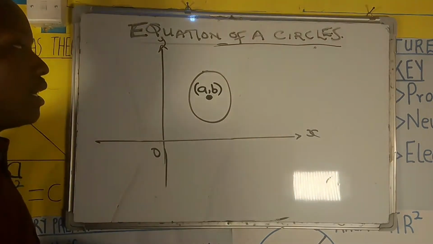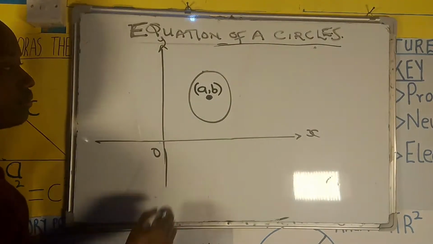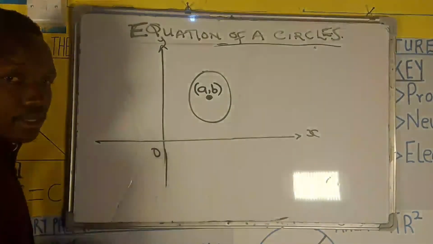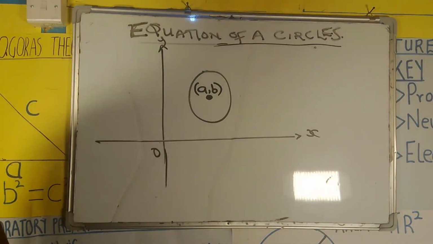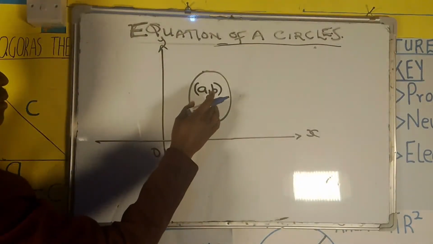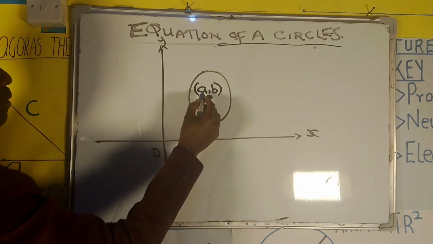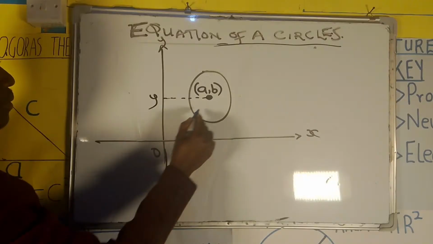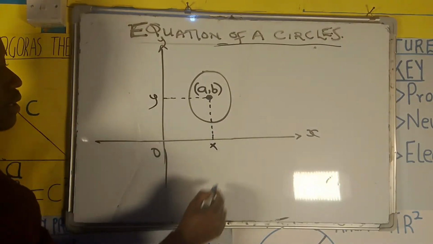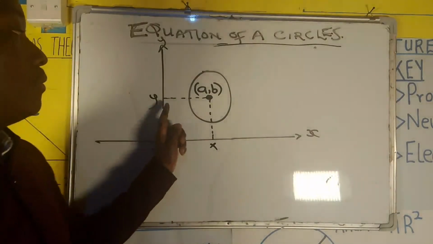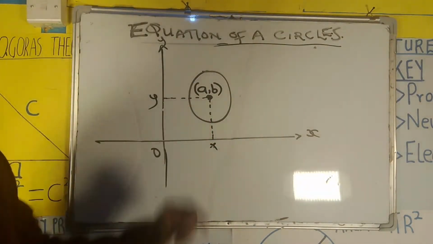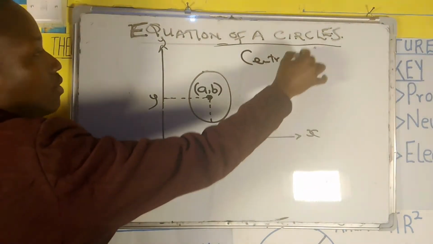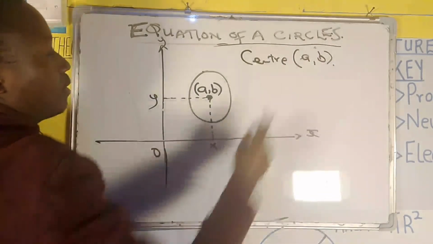The coordinates of the center are A and B. That will be Y, and this will be X. The center of a circle is always taken as A and B.